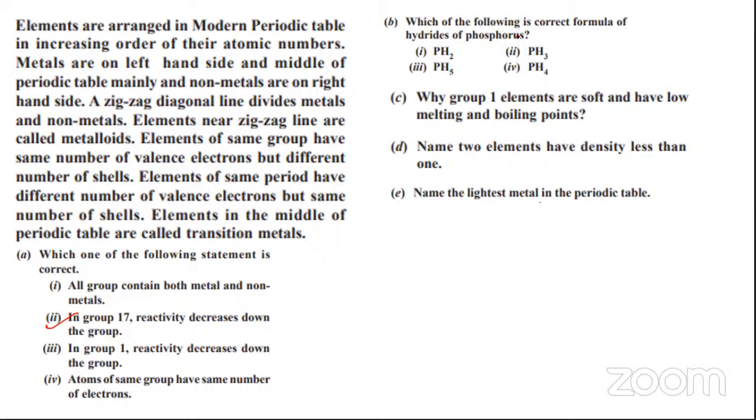Which of the following is the correct formula for the hydrides of phosphorus? Ayush, can you answer? Ayush, Jatra, Nilesh, you guys are not answering. Yeah. Sir, 4. Four. Why?